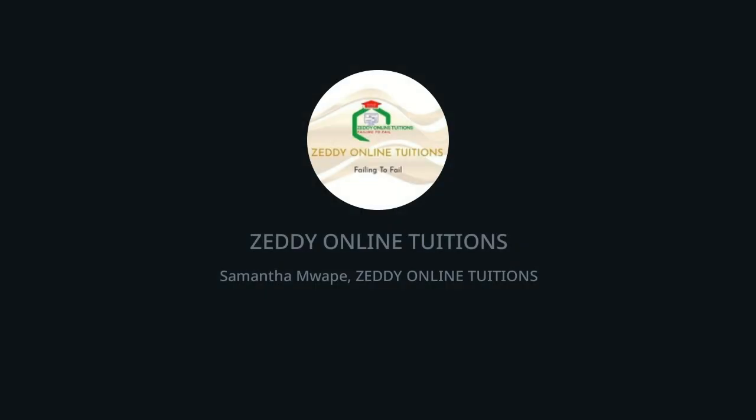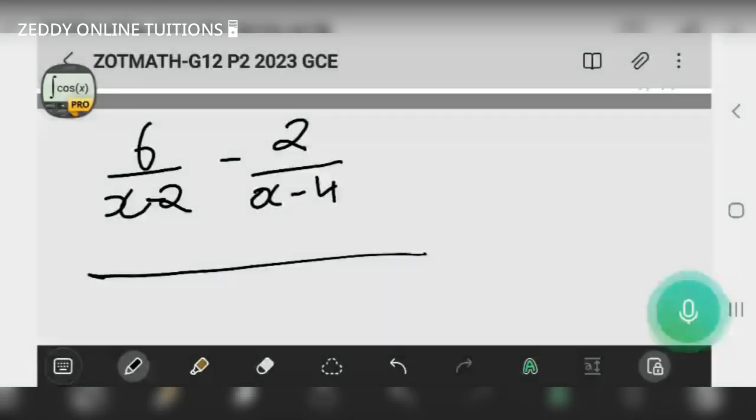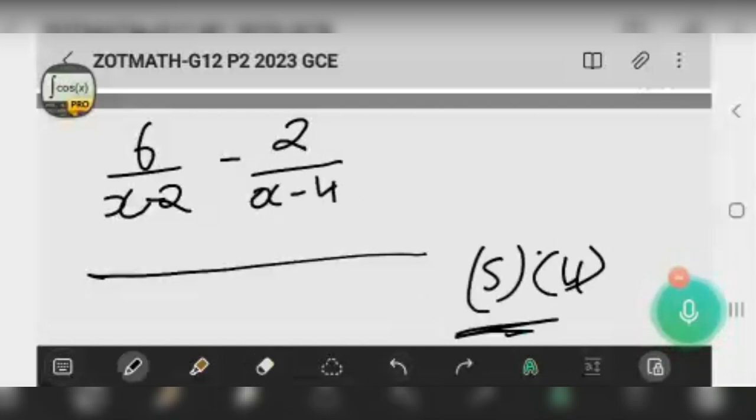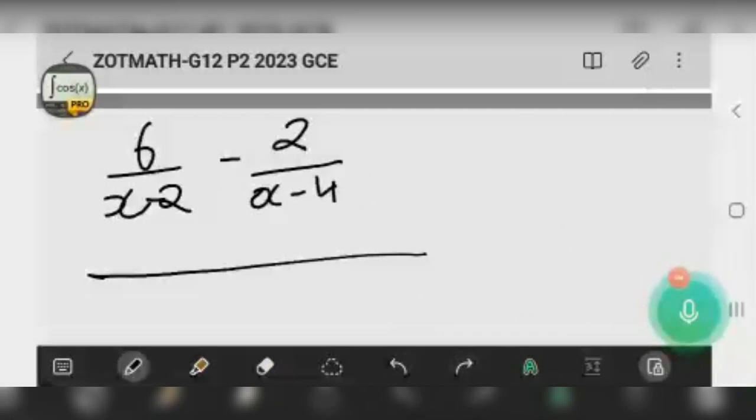In the previous example, I didn't just want to put a 20 there. I first put 5 and 4 in brackets so that this is going to be important in our next question. How we are getting a lowest common multiple is just showing them in brackets.